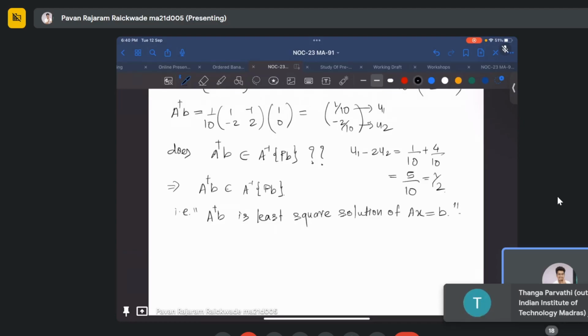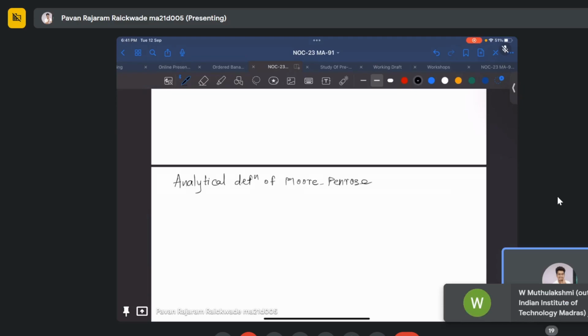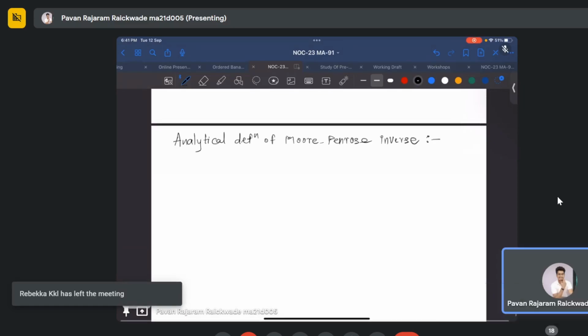That's not a coincidence. The whole definition of the Moore-Penrose inverse is defined like this. Okay, I'll write on a new page. Analytical definition of the Moore-Penrose inverse. Take any B belonging to, let's say, Rm.